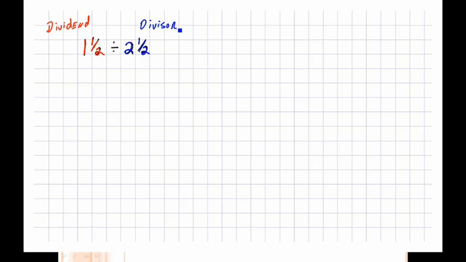Well, let's look at these two numbers. The next whole number that's larger than 1 and 1/2 is 2. If we look at the 2 and 1/2, the next whole number that's larger than 2 and 1/2 is 3. I'm going to make my number line the size of the larger of those numbers. So, I know my number line needs to be 3 units long.